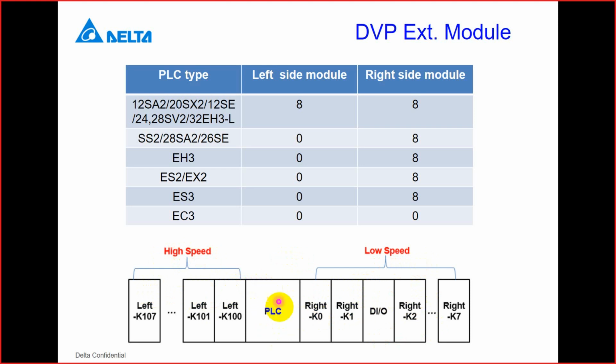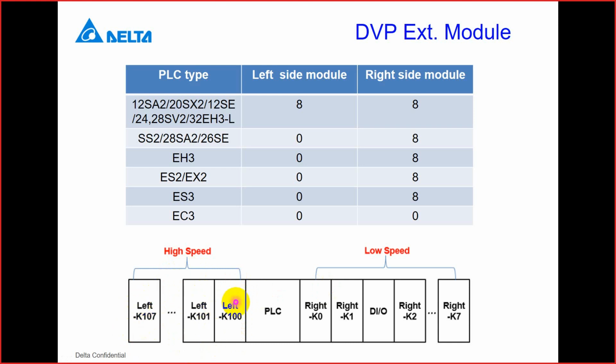And you can see this one is the PLC itself. So if we make the extension on the DVP, the closest module to the PLC we will call K0. Then we will add the numbers from 0 to 7. And of course, you can add digital input and output modules in between. And for the left-hand side, we can only add special modules.